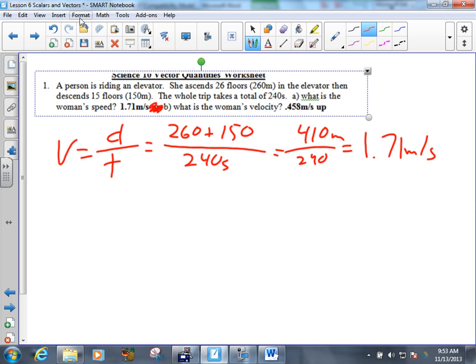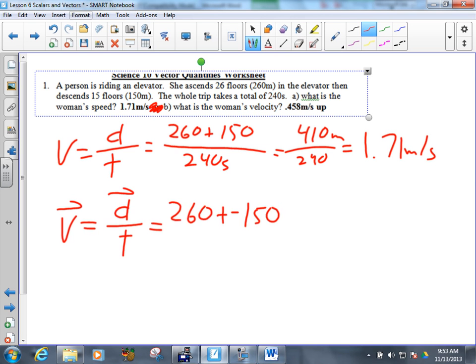For the second part, it asks, what's the woman's velocity? Well, velocity is a vector quantity. Velocity is the displacement of the woman over the time. So in that case, we have to say that she goes up 260 and then goes down 150. We have to reflect that there is direction now, and it is important. Over 240.